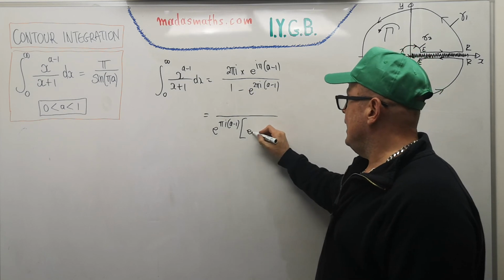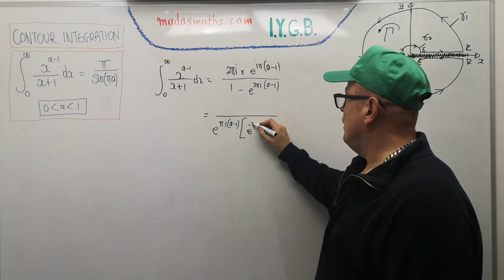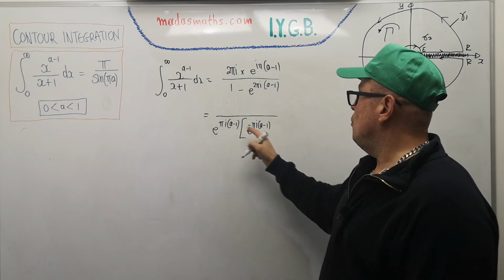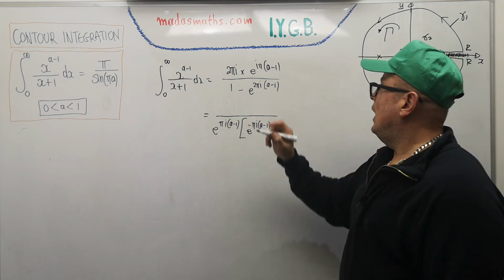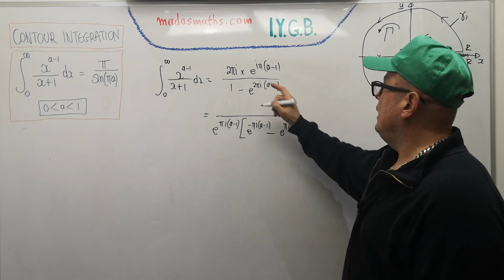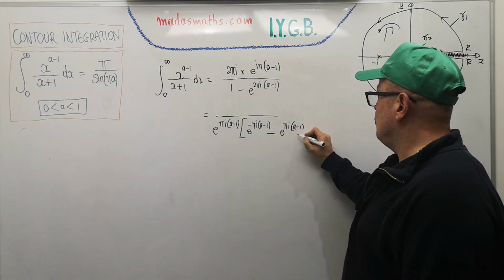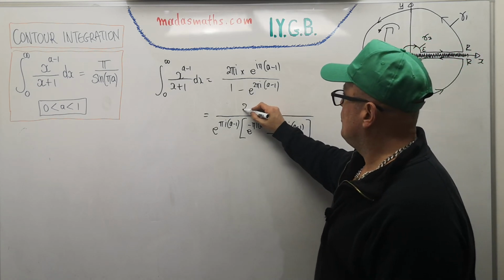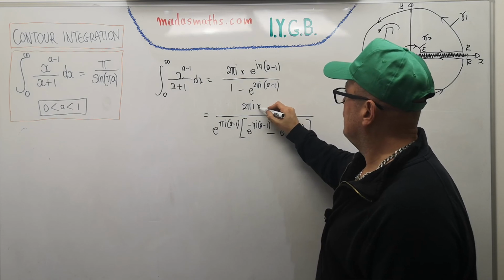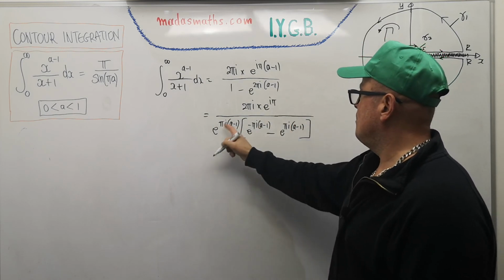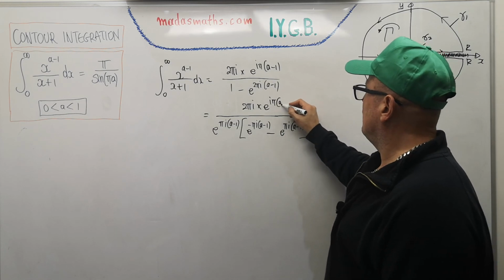So this requires the negative exponent of that, so minus pi i (a minus 1), so that gives you your 1 minus e to the minus 2 pi i (a minus 1), an extra long fraction, and on the top we have 2 pi i times e to the i pi. I don't know why I wrote i pi there and pi i there.